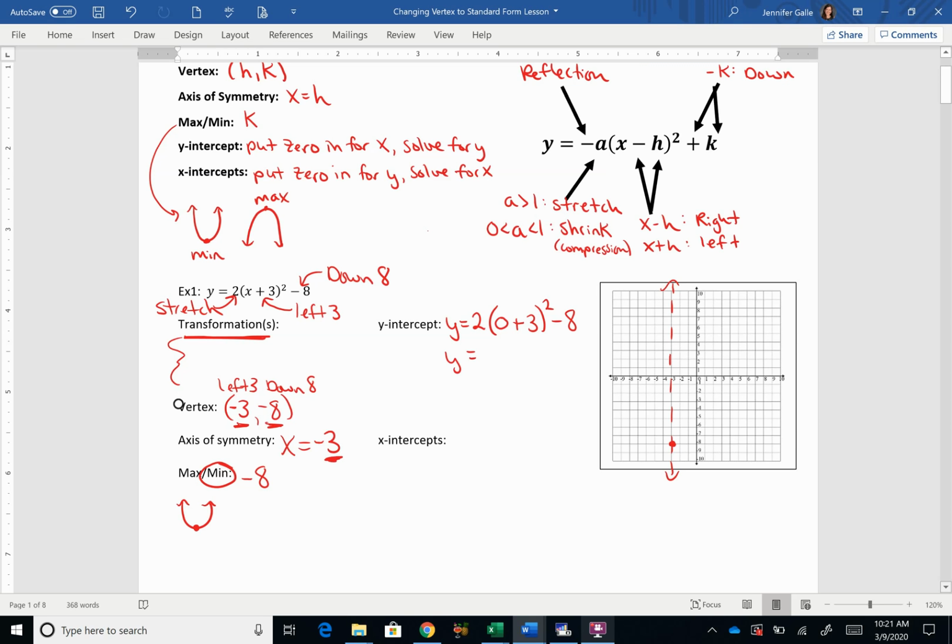And into the calculator, type exactly what you see. Type a 2, type a 0 plus 3, and there's a square if you want to. You should get 10.